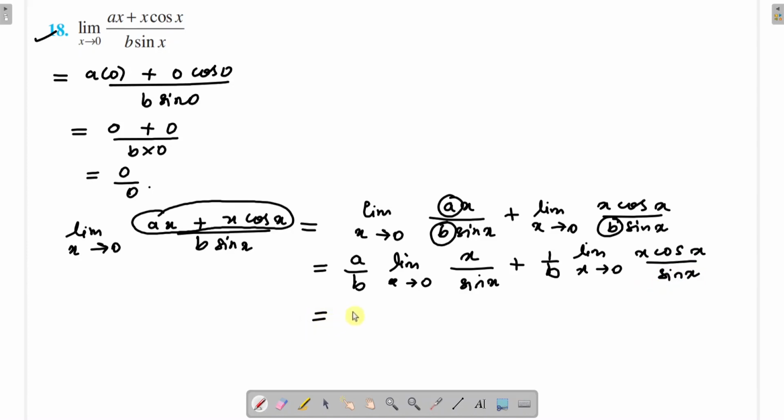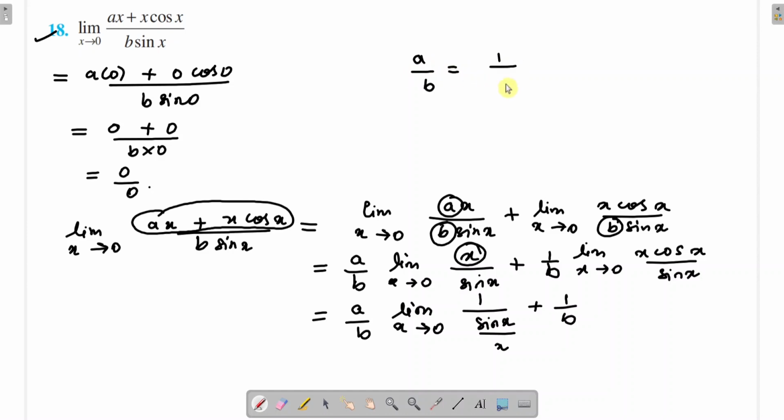So this will be now equal to a by b, limit x tends to 0 of 1 divided by sin x divided by x, plus 1 by b. This x I am writing below sin x, right? A by b can be written as 1 by b divided by a. So same thing I am doing here, 1 by b here, limit x tends to 0.